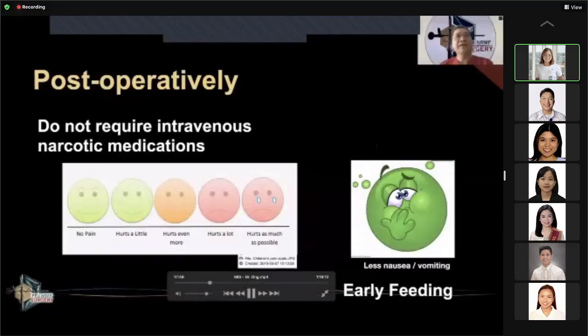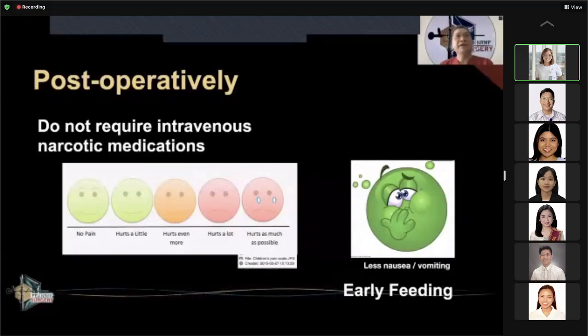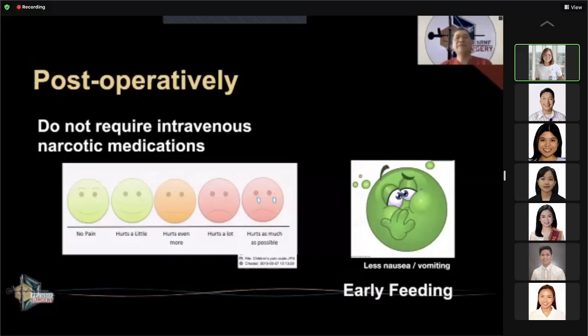So in open surgery, you wait for around 3 to 5 days before the patient would have a regular bowel movement or at least passes flatus. In laparoscopy, it's earlier. In less than 24 hours, you already have flatus. Therefore, you can initiate early feeding.